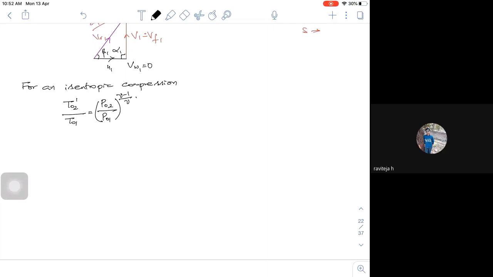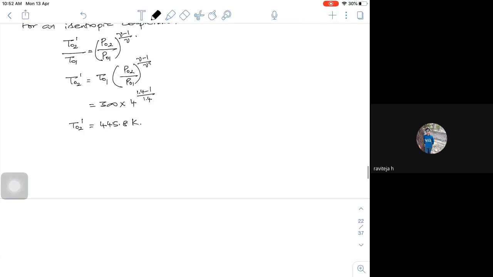So I need to know the value of T naught 2 dash. T naught 2 dash is equal to T naught 1 into P naught 2 dash by P naught 1 whole to the power of gamma minus 1 by gamma. Here gamma is equal to 1.4 and P naught 2 dash by P naught 1 is 4. I can go with 300 into 4 to the power of 1.4 minus 1 divided by 1.4. So this is my T naught 2 dash, which is 445.8 Kelvin.